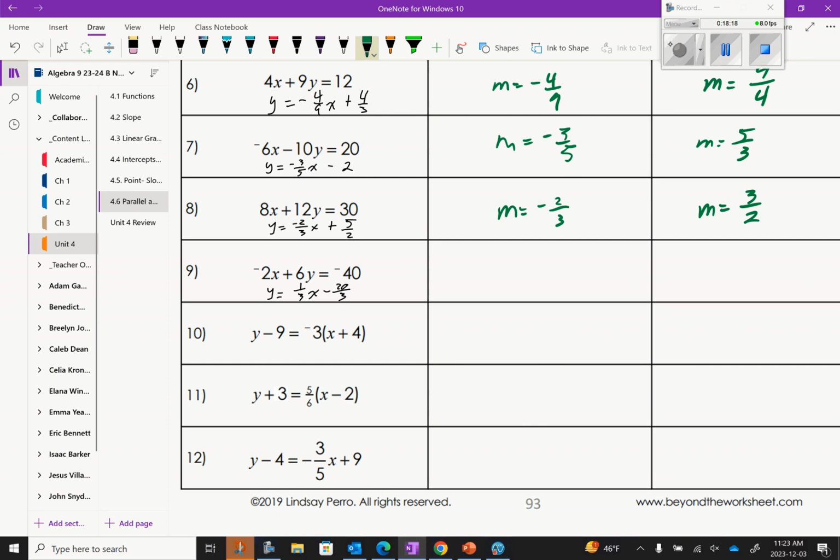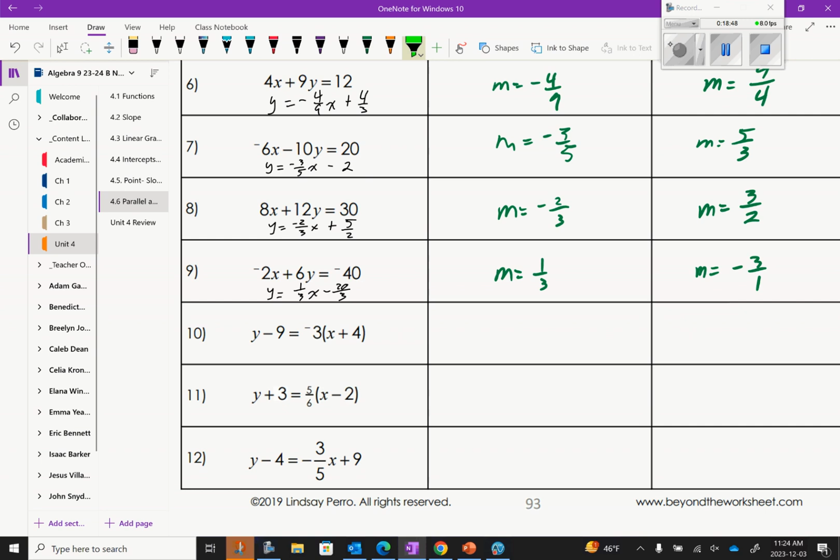For number 9, it simplifies into y = 1/3 x minus 20/3. Slope of any line parallel is also 1/3. The slope of anything perpendicular is negative 3 over 1. You could just write that as negative 3. Oh, look, for number 10, that's in point-slope form that we looked at a little bit ago.